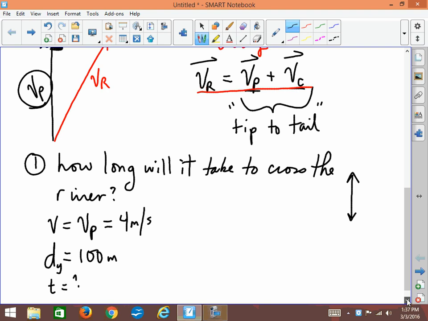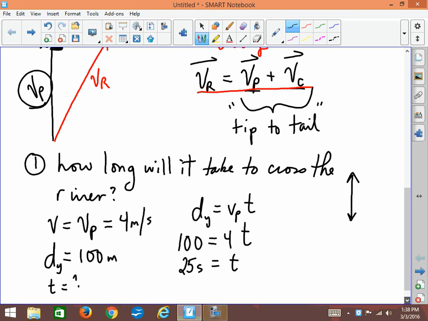Because it's a constant speed motion, we can do a nice easy d equals vt, and it's vp that I'm using. So there's my equation, 100 meters equals 4 meters per second times t, so I'm thinking that the time here would be 25 seconds to cross this river. Yes?